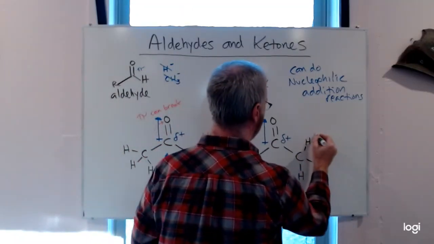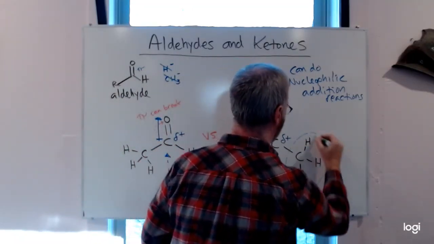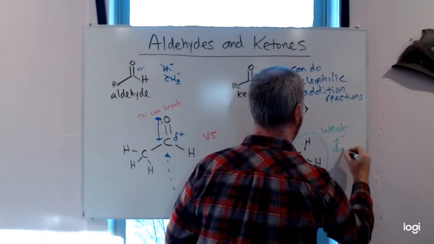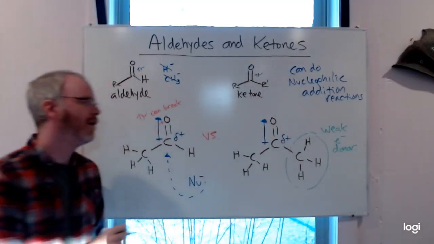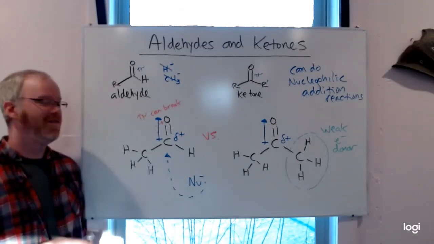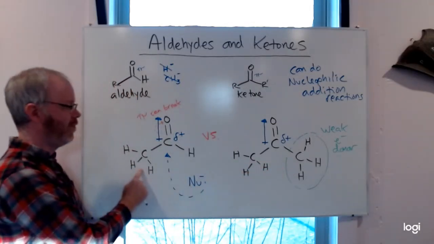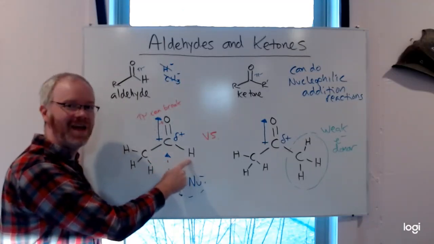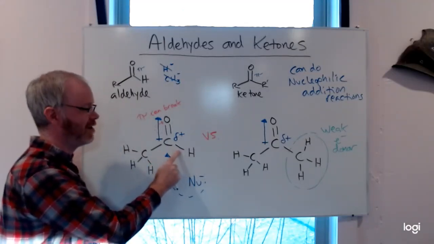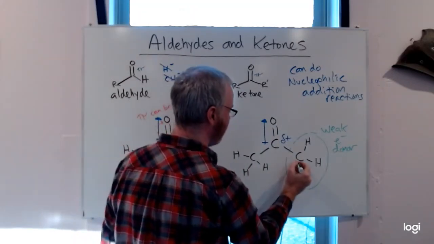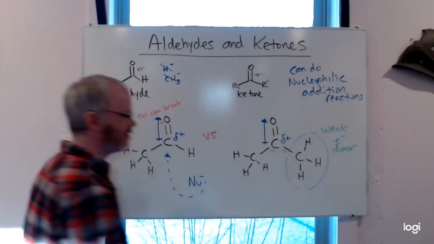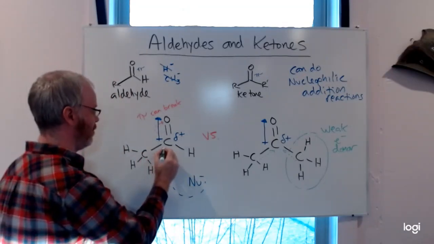Just by nature of having two methyls instead of just one, right? So this methyl group can donate its electron density. Hydrogen doesn't have any extra electrons other than what's bonded here. Having two groups here, both doing inductive electron donation versus only one, right?